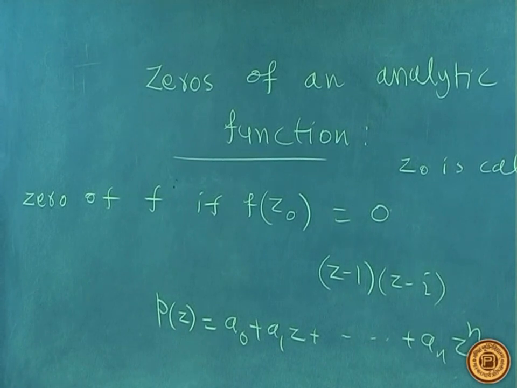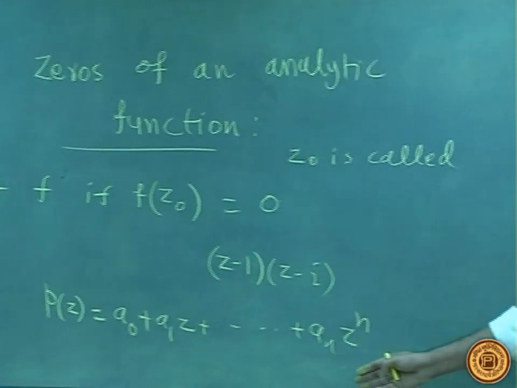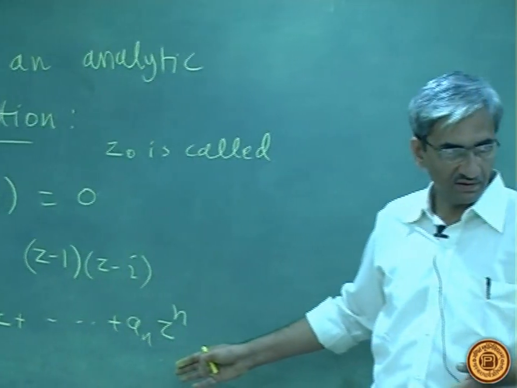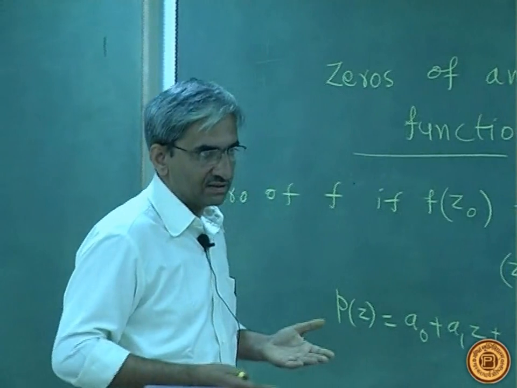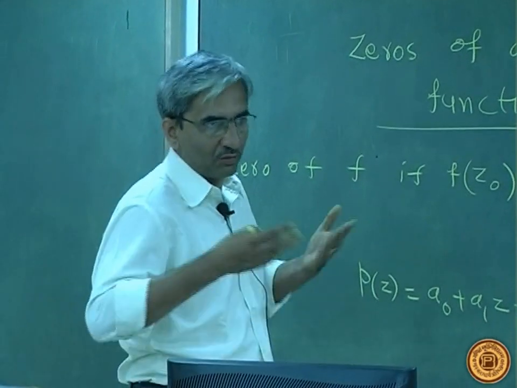So what can you say about the roots of a polynomial? How many roots are there to this polynomial? The degree is n. Then it has n zeros, right? It has n zeros counted according to multiplicity, that is, some root may repeat, some root may occur 4 times or whatever it is.